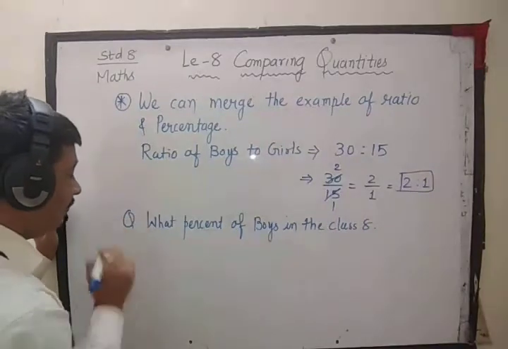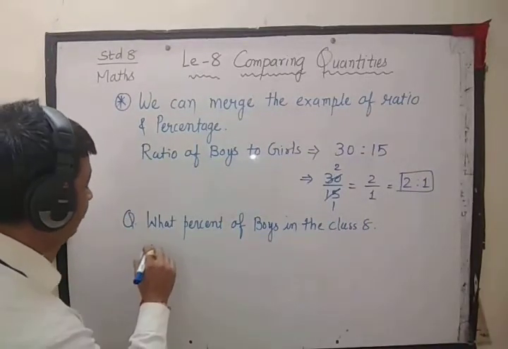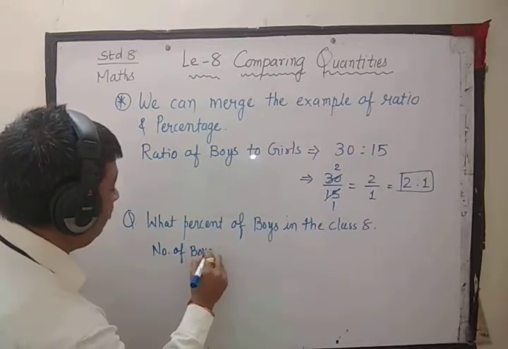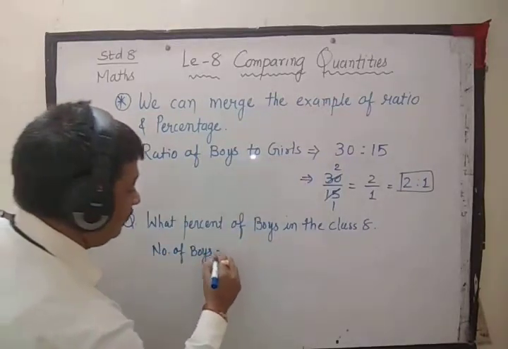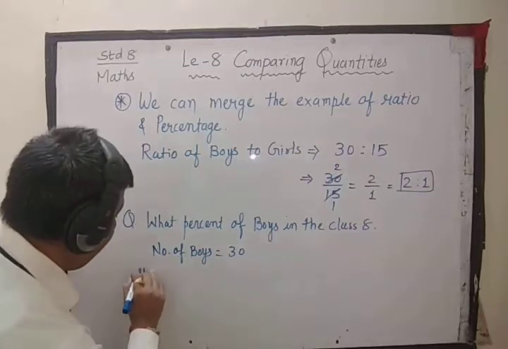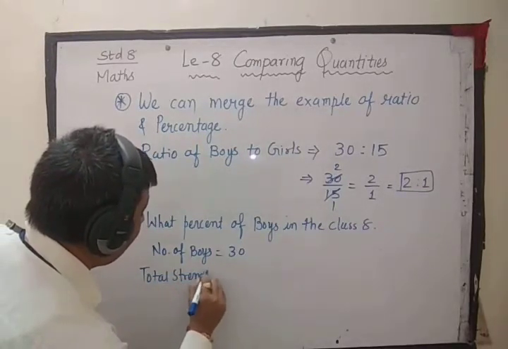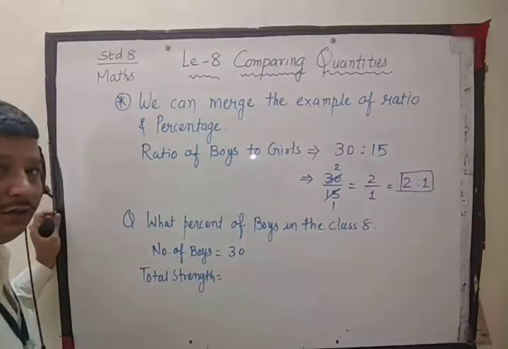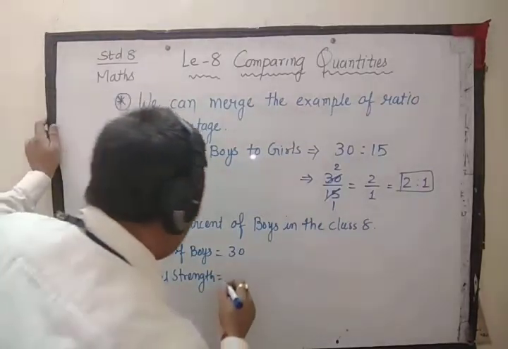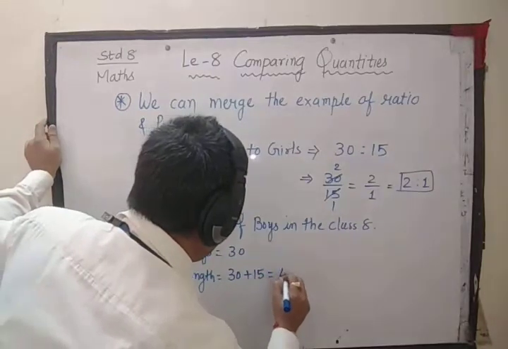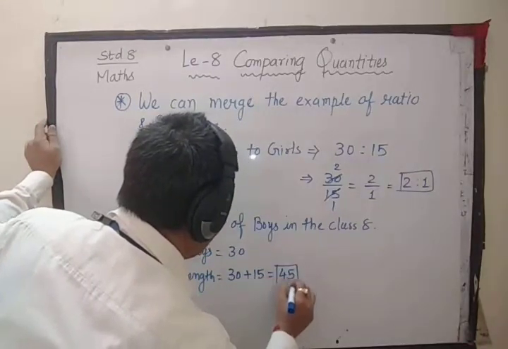So here, number of boys is 30, and total strength is equal to 30 plus 15, that will be 45.